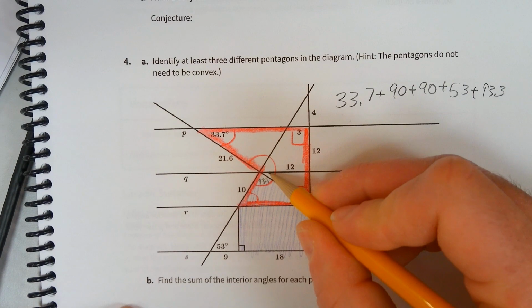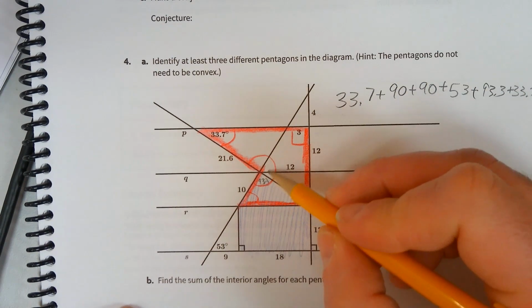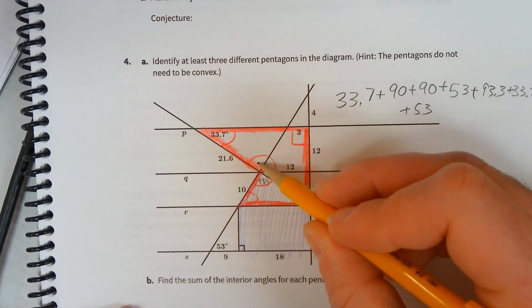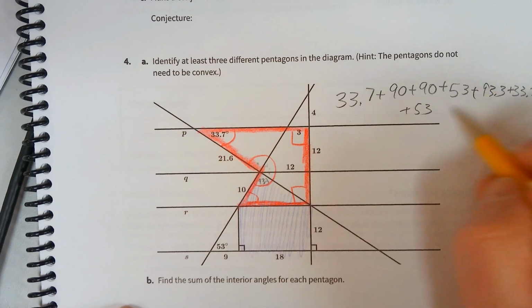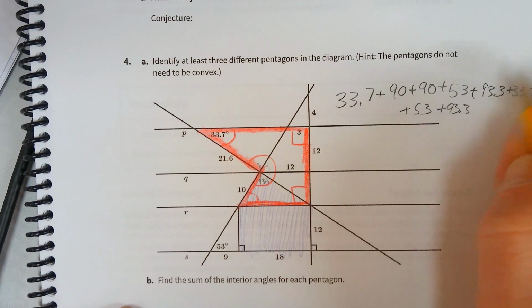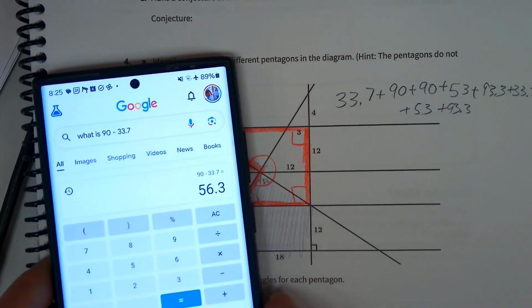This is 33.7. This is 53. I need 2 lines, man. This is, well, 93.3 again. It's vertical. I can't listen to her repeat it over and over.